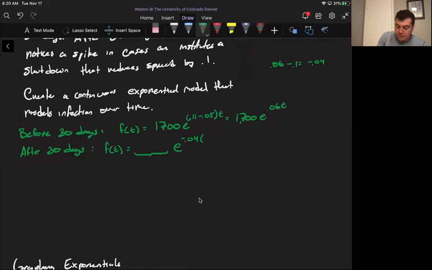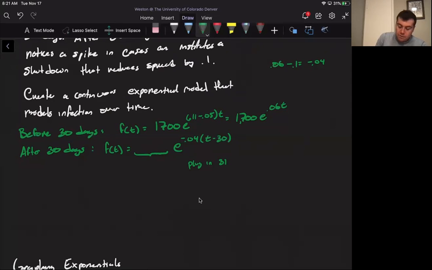And then it turns out that we need t minus 30, because now it's like we're resetting at a new time 1. So if we're decreasing at this rate, if we plug in day 31, then we've only been decreasing at this rate for effectively 1 day.